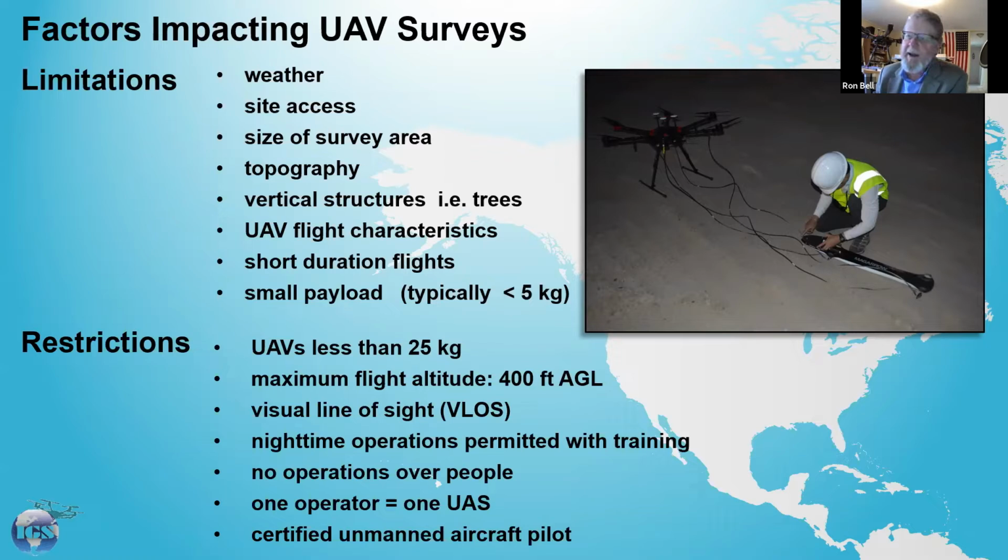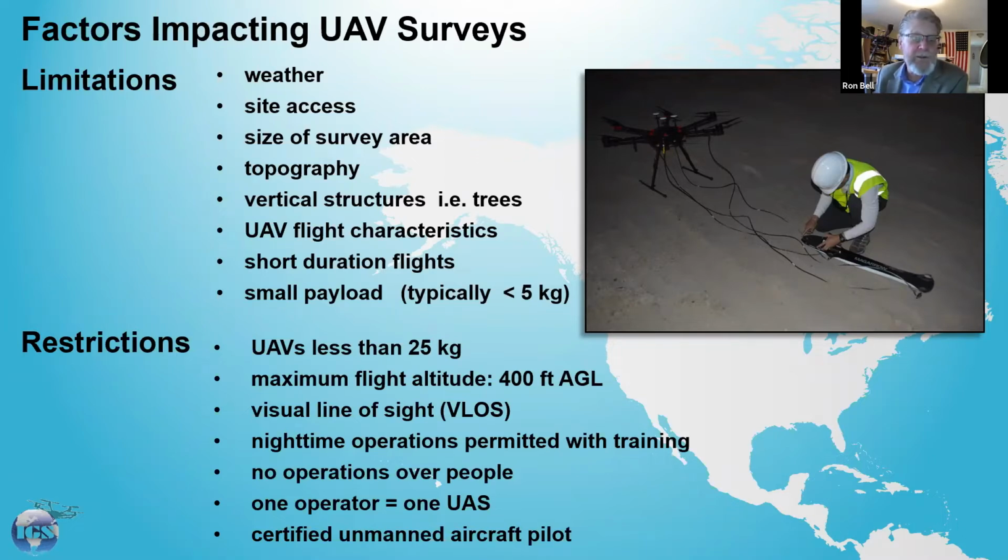In the US, the maximum altitude we can fly without additional permission is 400 feet above ground level. We have to maintain visual line of sight. Most of our drones have several miles of radio control ability, but we can't see that far, so by regulation we have to maintain line of sight.